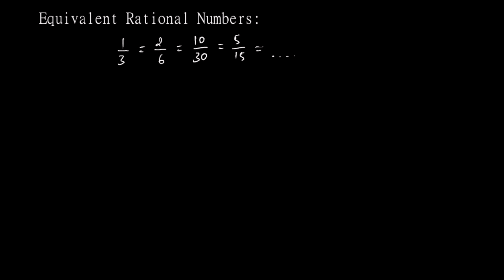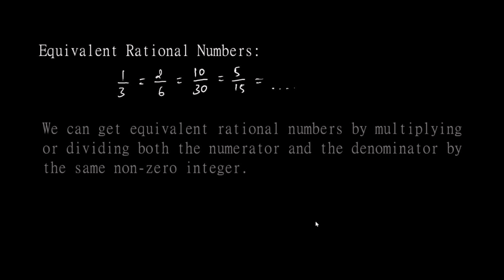So now the question is, how can we get an equivalent rational number? We can get an equivalent rational number by multiplying or dividing both the numerator and denominator by the same non-zero integer. Let's see one example. If we have 1 by 2, a rational number, we can get an equivalent rational number by multiplying the same number in the numerator and denominator.